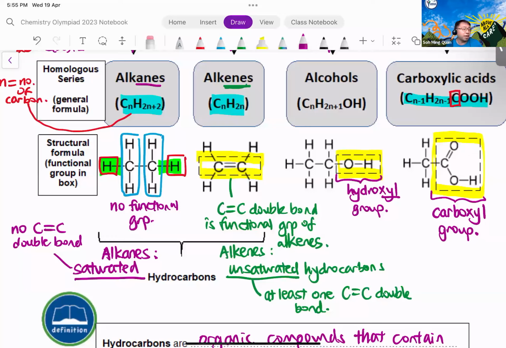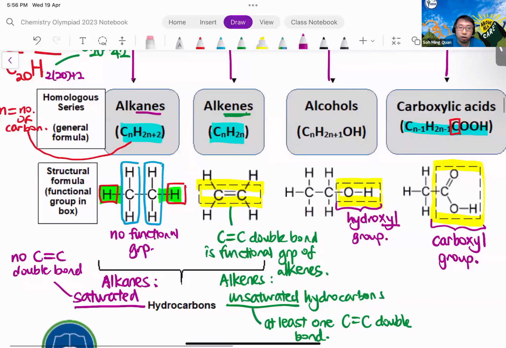Now, something else to take note of are carboxylic acids. They are acids. They behave like acids, meaning when they dissolve in water, they will dissociate and ionize to produce H+. So their pH is less than 7. Carboxylic acids will react with carbonates to form salt, water, and carbon dioxide.